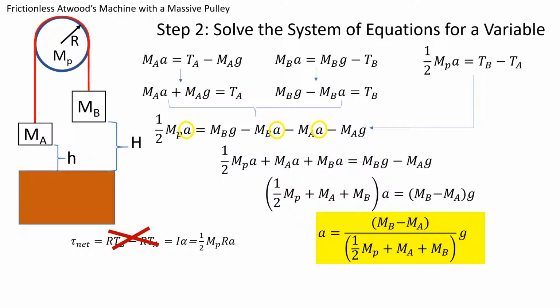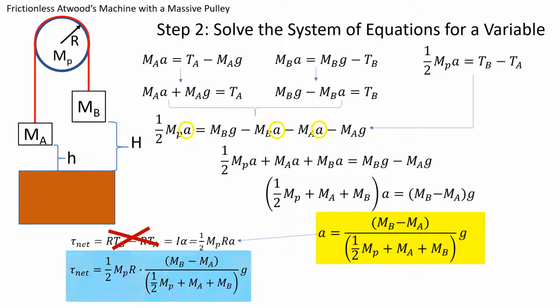So instead, we can use the other side of that equation, which says that tau net equals 1/2 MP R A. MP and R are known, so we just have to put in the A that we've just solved for, and we arrive at this equation. Tau net equals 1/2 MP R times A, which is MB minus MA over 1/2 MP plus MA plus MB, times G. And this is the answer to the first question we were asked.